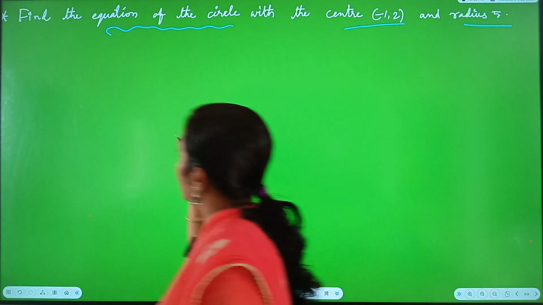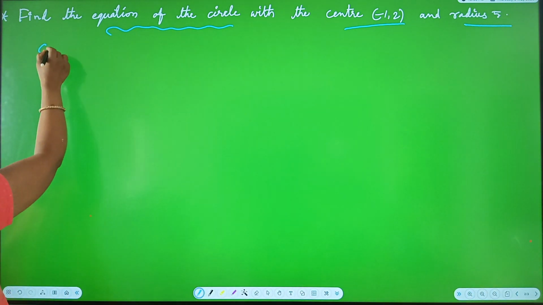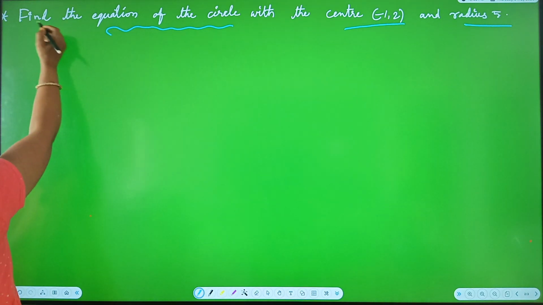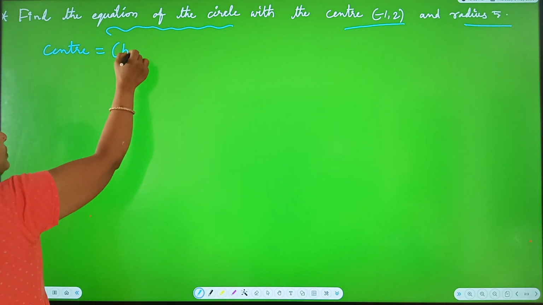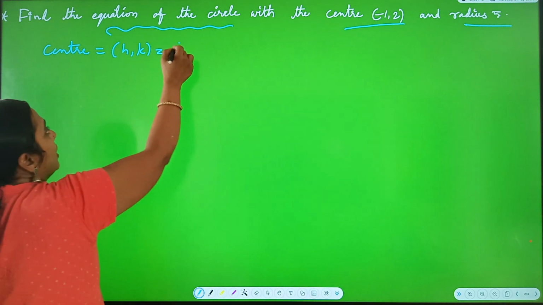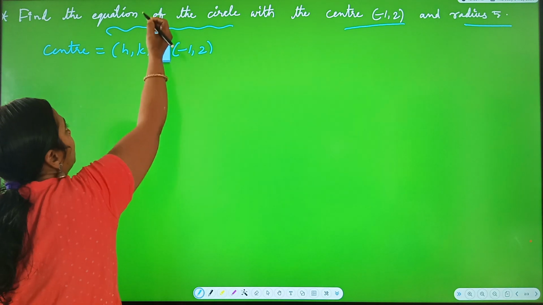Immediately we take the idea: given that the center, let it be (h, k), equal to (-1, 2).